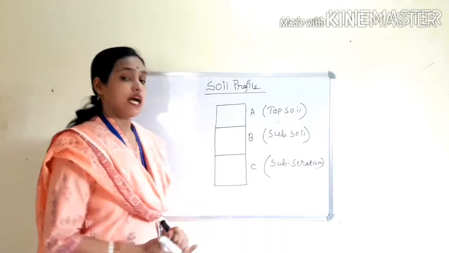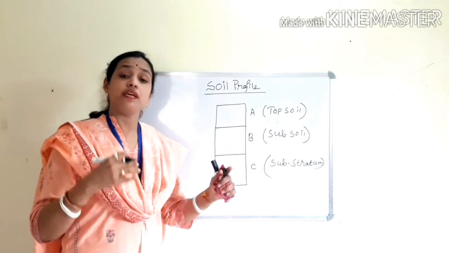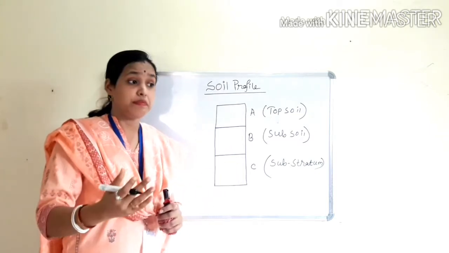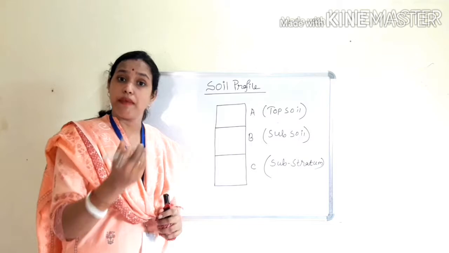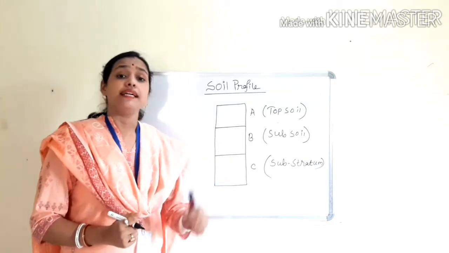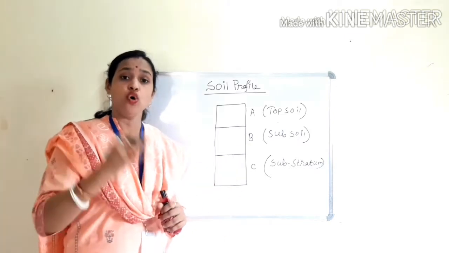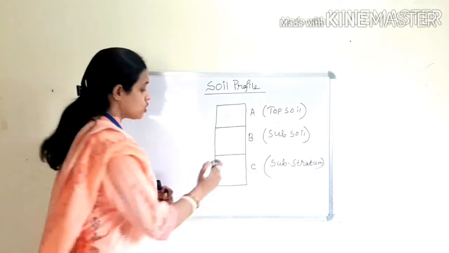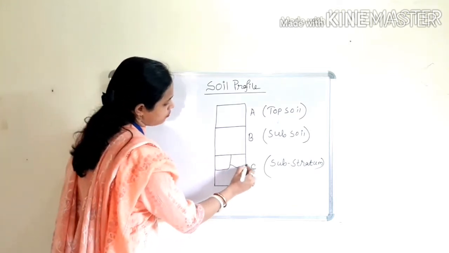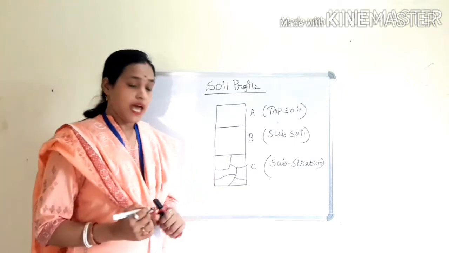In C layer, the parent rock may be igneous rock, sedimentary rock, or metamorphic rock. Through the process of weathering and erosion, these rocks break down into boulders in C layer. So we find here big boulders.